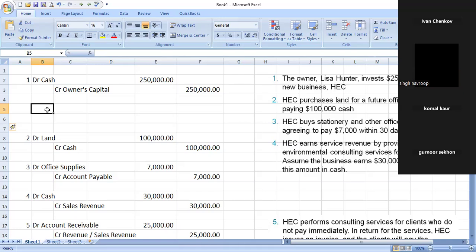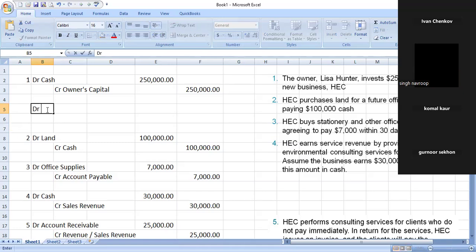What will be the journal entry? Owner investing in the business a computer, which is a high-tech computer. He just gives it to the business, and that computer is worth $2,000. What will be the journal entry here?